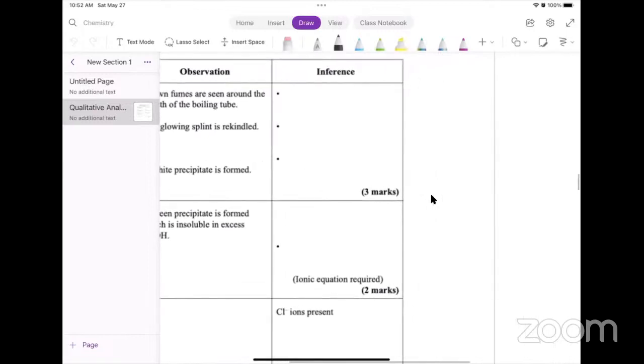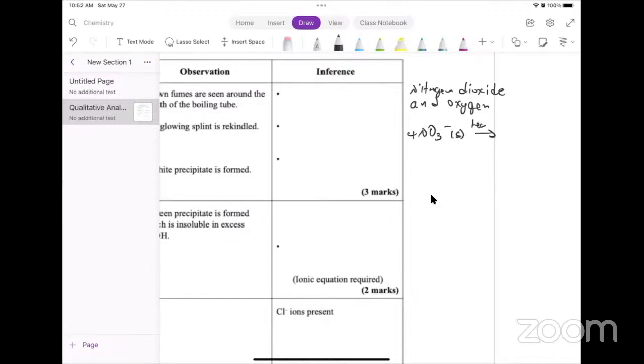And the equation here is that you will form nitrogen dioxide and oxygen. And this is the thermal decomposition reaction. So this is what happens in case they ever ask for the equation.